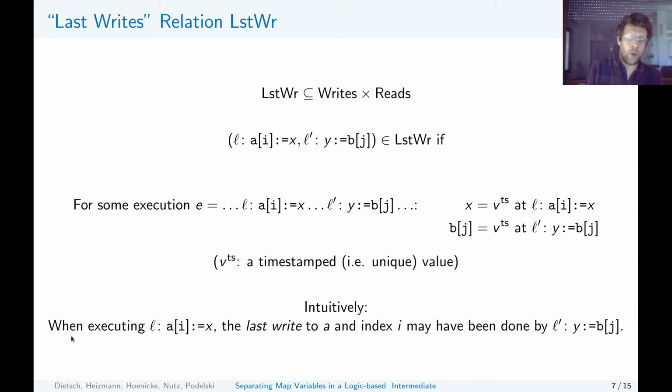So when we visit our read statement y equals b[j], then the last write to b at position j must have come from our write statement a[i] at position i of our write to map a.